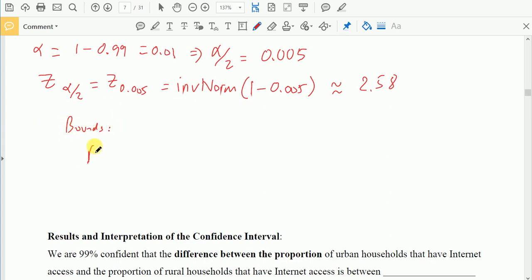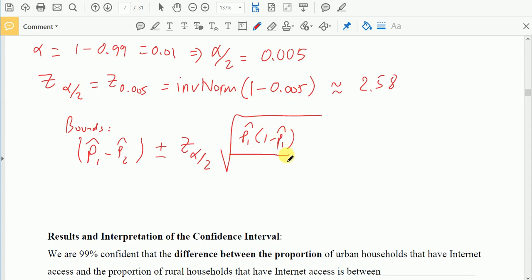So P1 hat minus P2 hat, right? Plus or minus z alpha over 2. That's why we have to find the z alpha over 2 here. And then multiply by the square root of P1 hat, 1 minus P1 hat over N1, plus P2 hat, 1 minus P2 hat over N2.